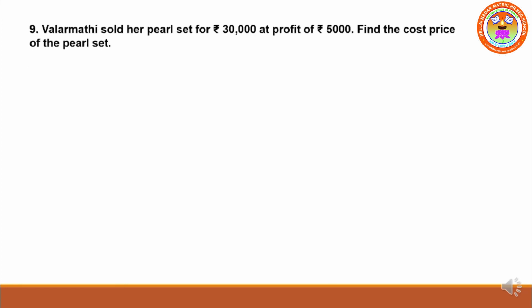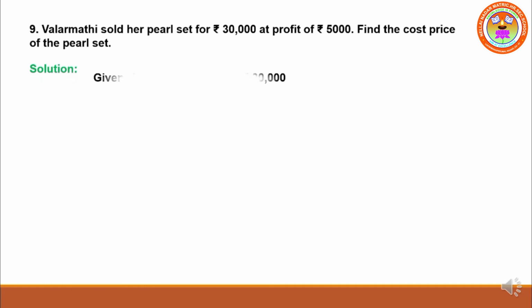Now, the ninth question. Valarmati sold her pearl set for rupees 30,000 at a profit of rupees 5,000. Find the cost price of the pearl set. Okay. So, solution part.